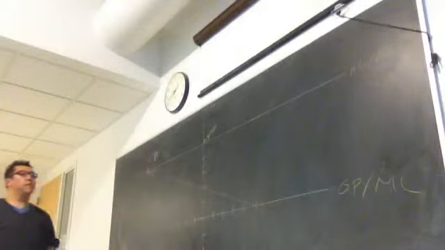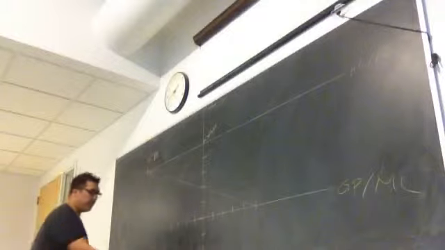Alright, next. Connect points on the ground plane to the measuring point. Connect the what? Points on the ground plane to the measuring point. Alright.